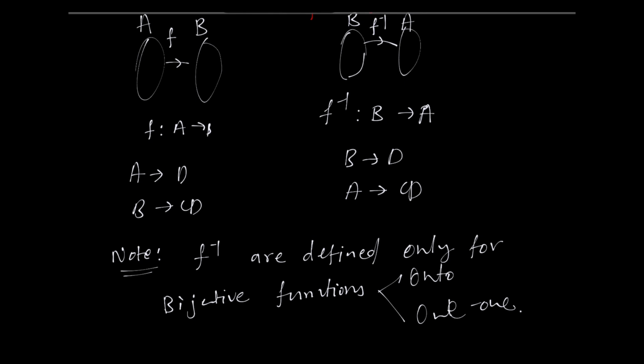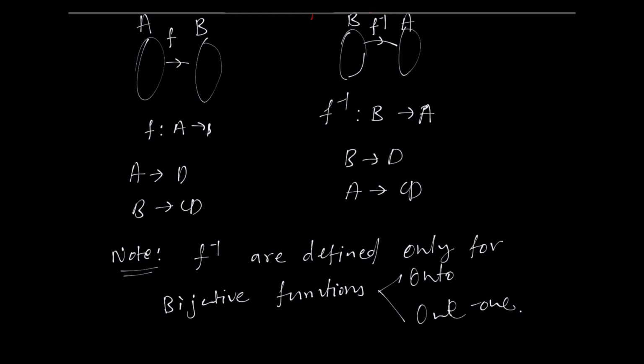To summarize today's session, we have covered a few questions on one-one and many-one concepts, the concept of domain and range, and after that we went through onto and into functions and some questions based on them. Some small concepts based on bijection: a function is said to be a bijection if and only if it is both surjective and injective.